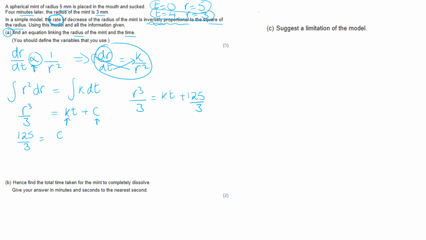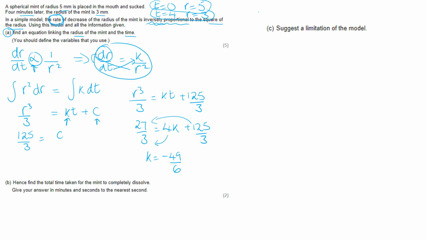When t is 4, r is 3, so 3 cubed, 27 over 3 is equal to 4k plus 125 over 3. So all we need to do is take 125 over 3 off both sides, so move that over, then divide by 4, and your k comes out to be minus 49 over 6.